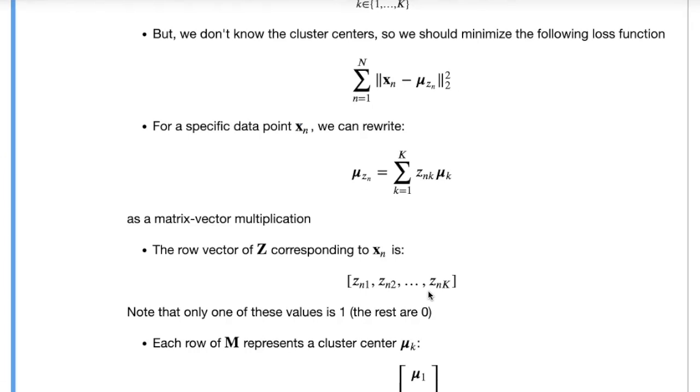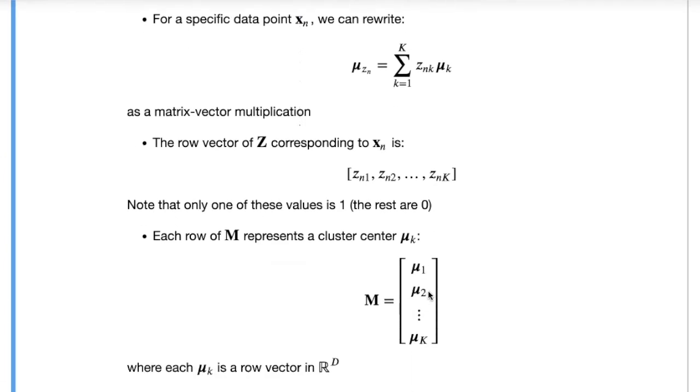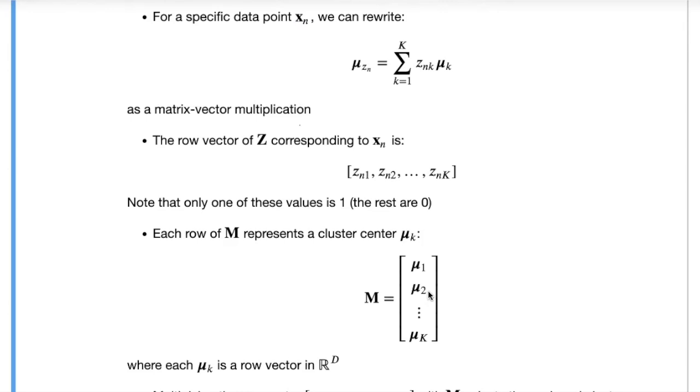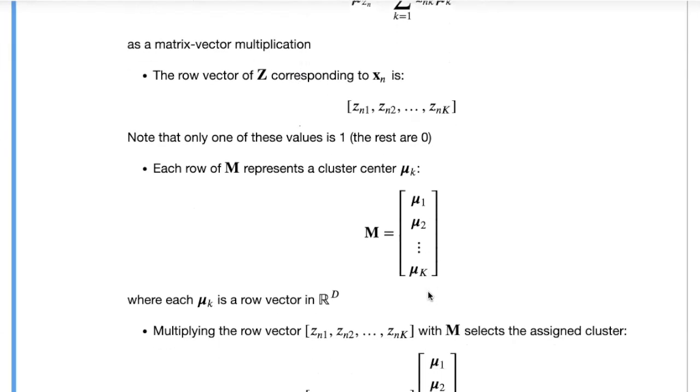Since the ultimate goal is to write everything in terms of matrices and vectors like we have done before, because this is very nice, if we do this, we can handle any number of data points, any number of clusters, and we can efficiently solve problems. So that's where we are moving to.